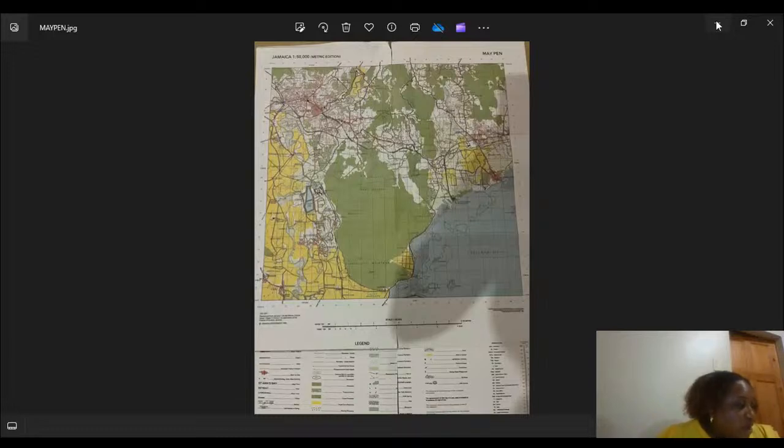You also have roads that run through that area. You have roads in yellow, which are other roads, which means that they are minor, and then you have some class C roads in that area as well.